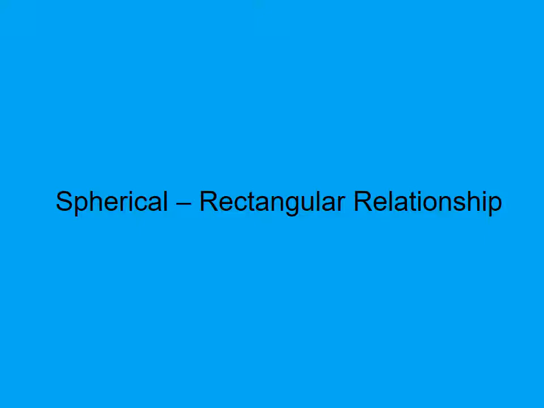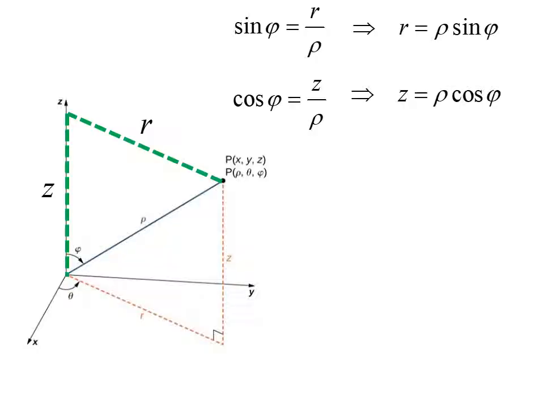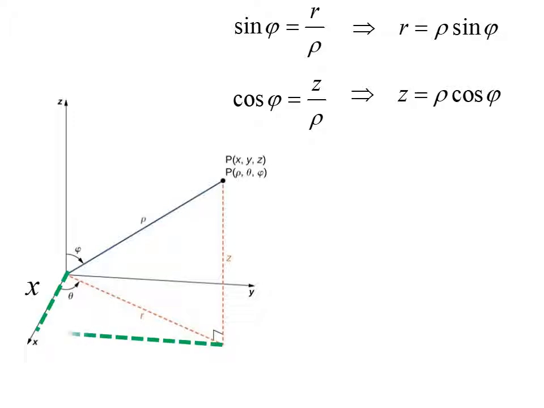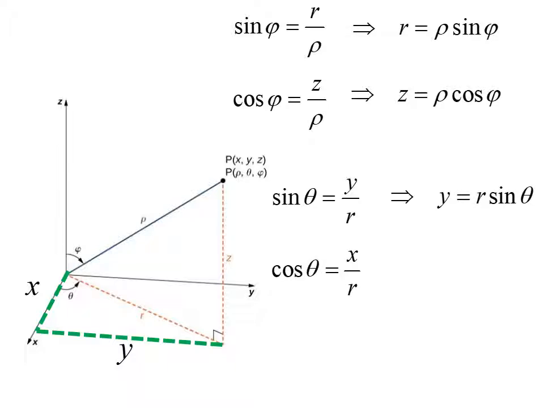So let's switch and look at spherical and rectangular relationships. Now we just developed these relationships from the triangle that we were using initially. Now we want to use this triangle and write the y and the x in terms of the r's and thetas.